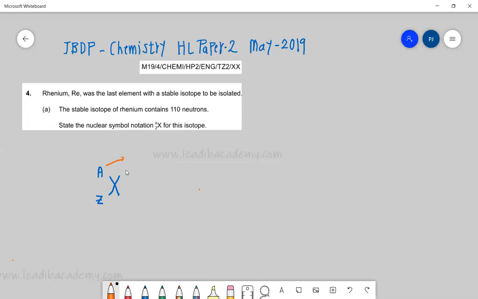This represents the atomic mass number, and this is indicating the proton number or atomic number.